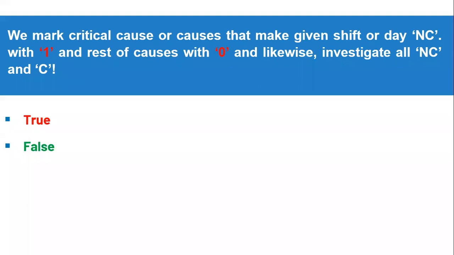We only investigate NCs. And that is why, if you collected data, say for 30 long days, and if you're having say 3 shifts per day, so total number of shifts are like 90. Out of 90 shifts, say roughly 30, 35, maybe 40 shifts are NCs. So it's not that all shifts are NCs. So for the rest, 55, 60 shifts, we don't need to do any investigation.